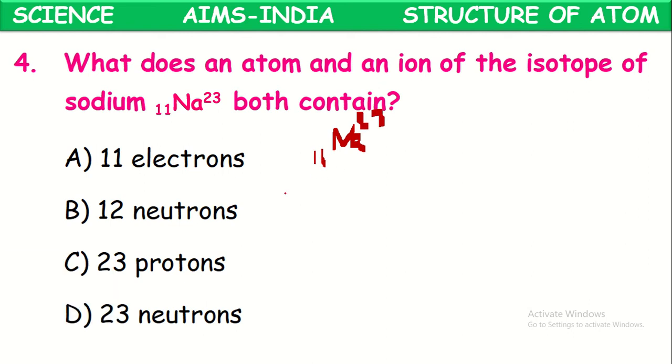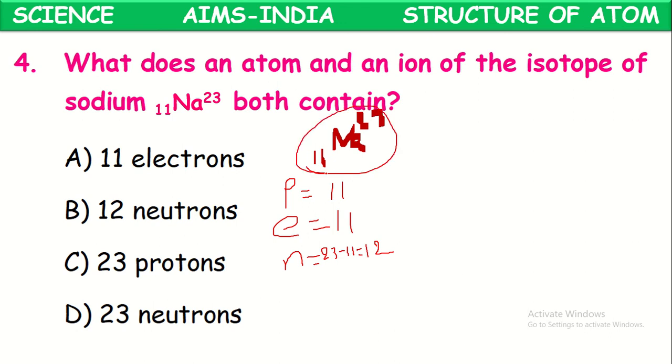The number of protons is equal to the atomic number, 11, and the number of electrons will also be equal to the number of protons. The number of neutrons is the mass number minus the atomic number, that is 23 minus 11, which gives 12. It has 12 neutrons. This is about a neutral sodium atom.